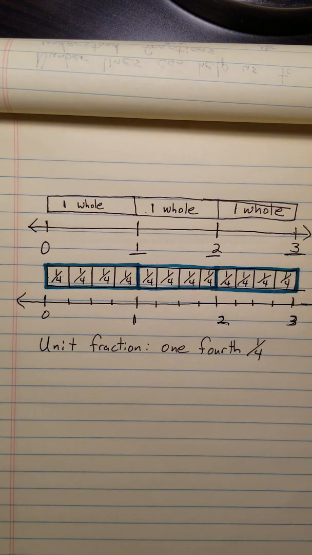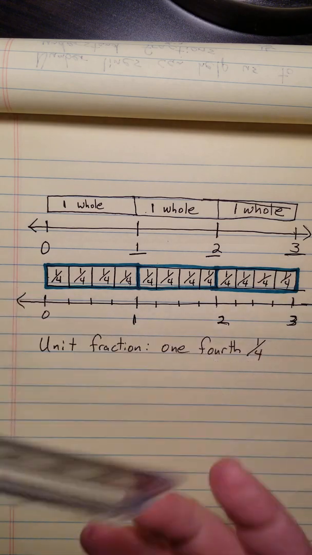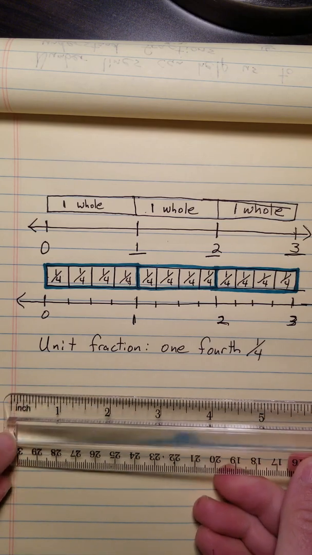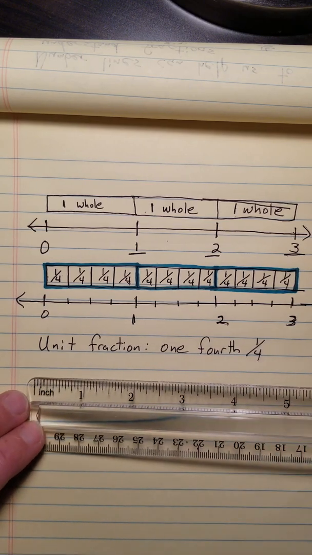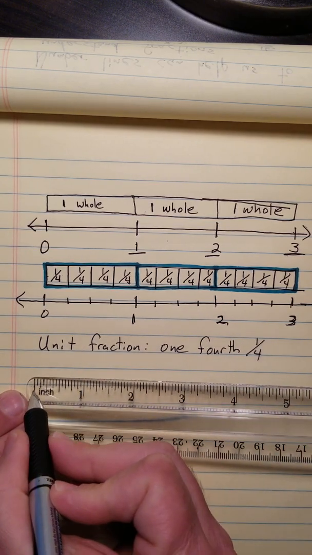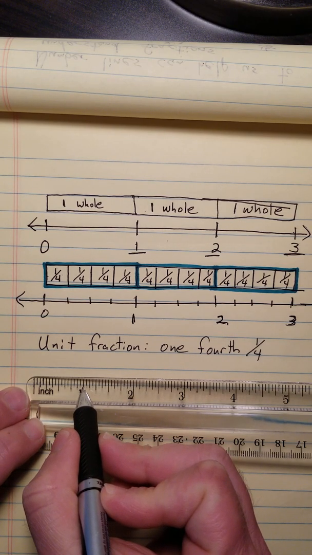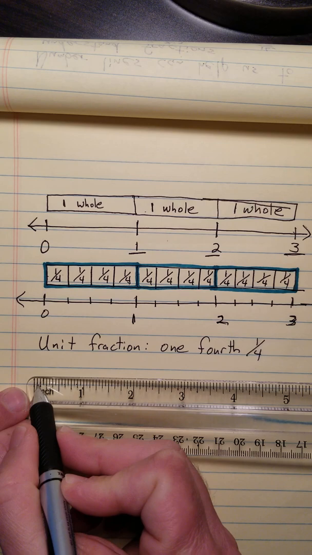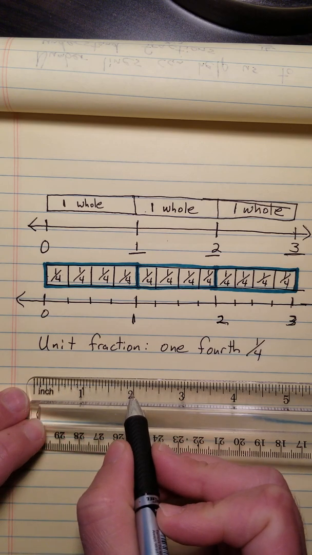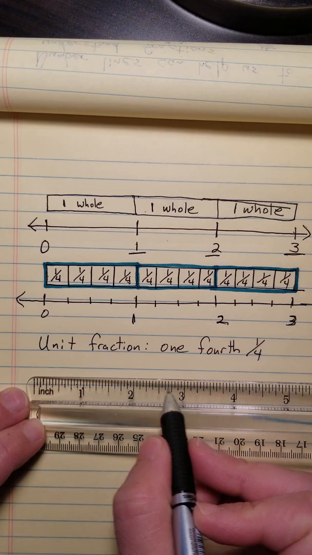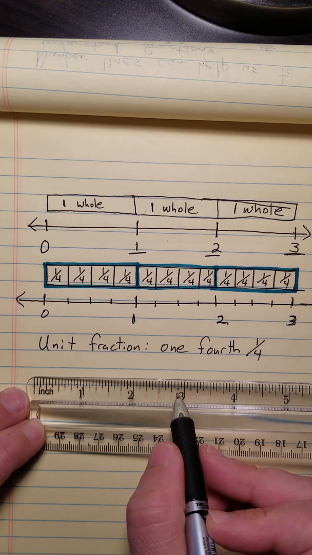All right, and of course, boys and girls, you can see that on a ruler. Let's check out inches first, right? So this is 1 inch, and it is divided into 10 parts. 2 inches also divided into 10 parts. 3 inches divided into 10 parts.